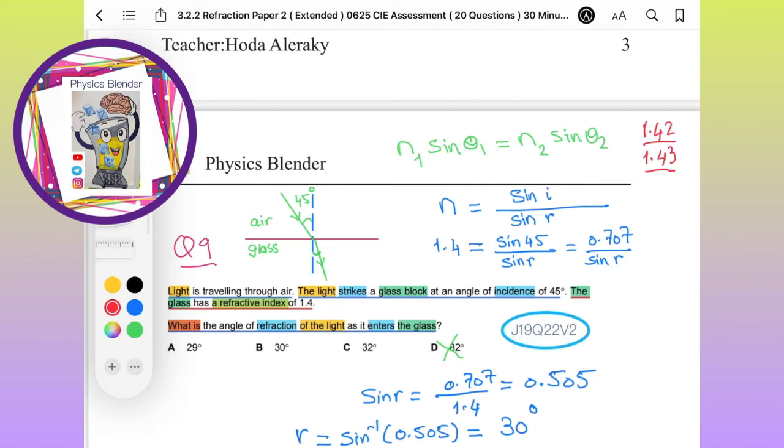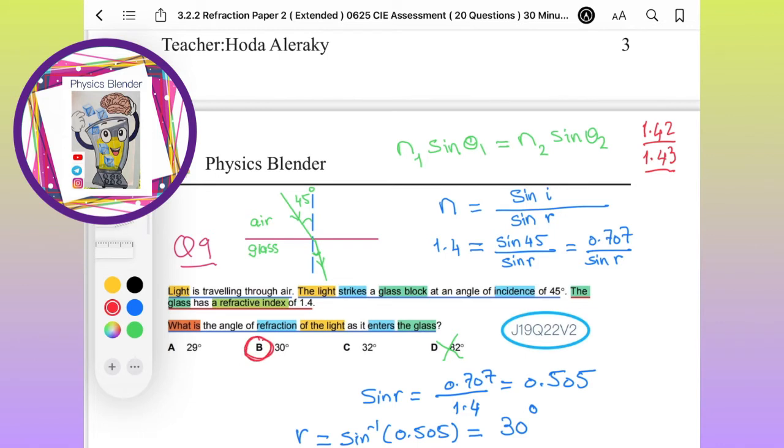So approximation here is not allowed. You have to keep the numerical value as it is. If you have any values for sine or cosine, you are only allowed to round the final answer. So the answer is B.